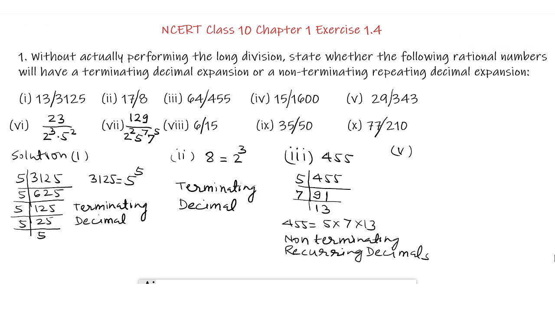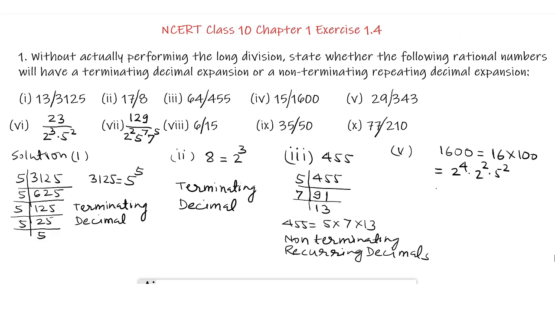Part 4th, the denominator is 1600. So this is equal to 16 multiplied by 100. This is equal to 2 to the power 4 into 2 to the power 2 into 5 to the power 2.